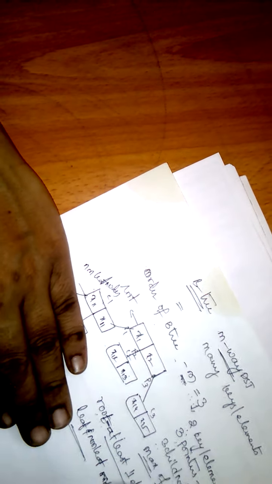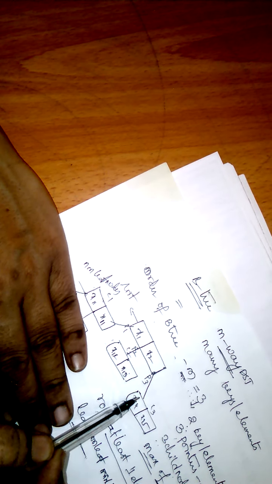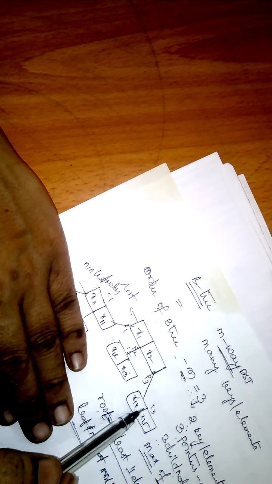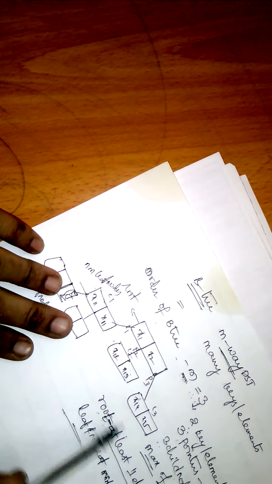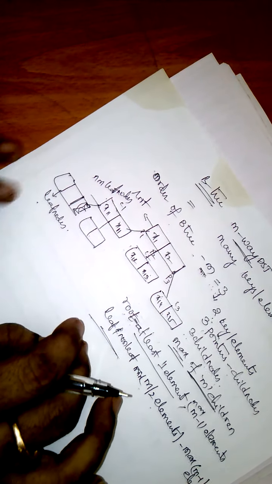Okay, this is the condition for the elements to be stored in a node. Also, the leaf nodes are always at the same level. This is the root and these are leaf nodes, and all the leaves are at the same level. We first construct all the leaf nodes, then the next level. So another condition is that all the leaf nodes are at the same level.